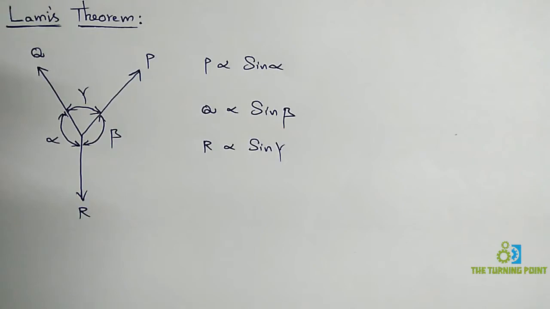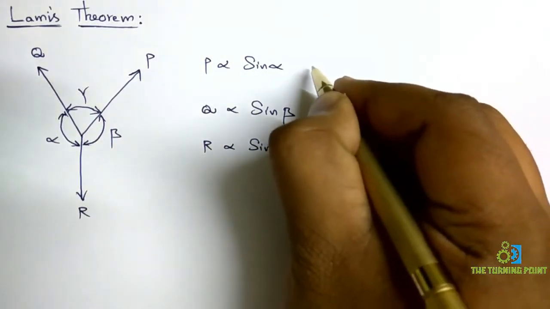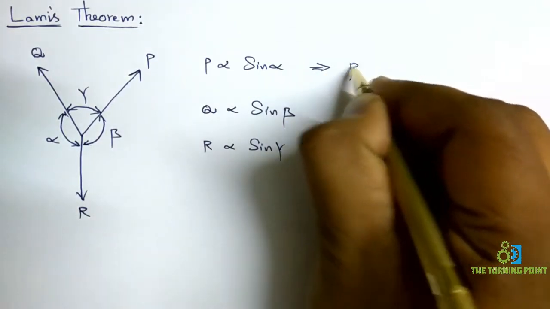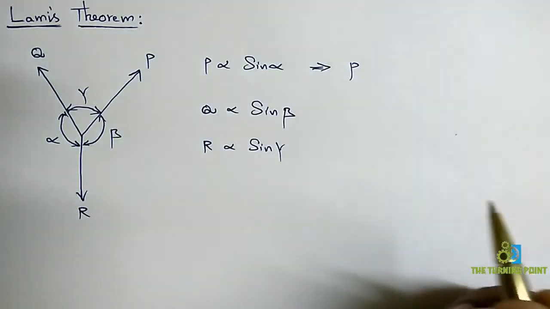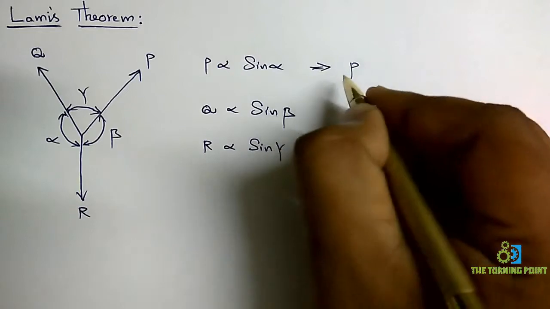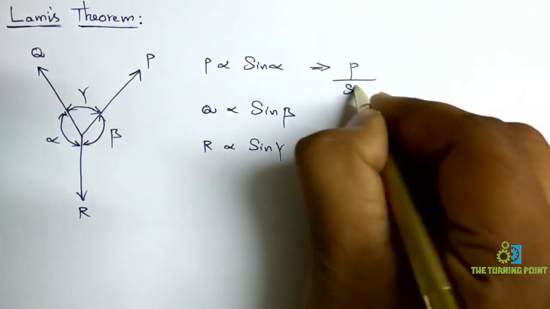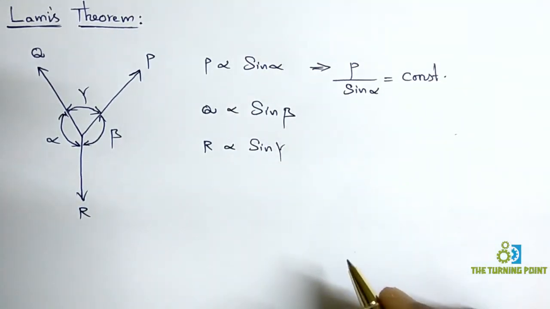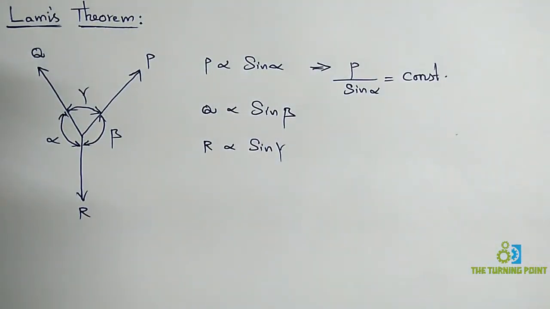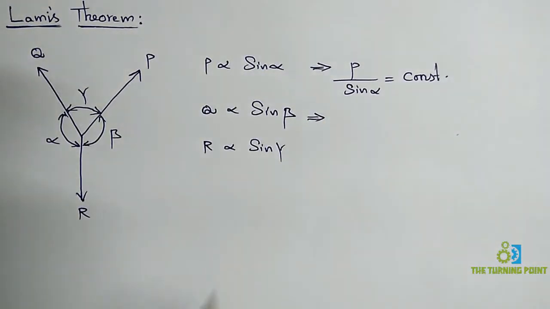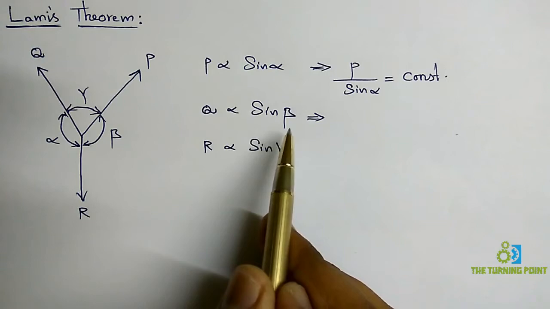I will replace all the proportionalities by a constant. From this, P is equal to a certain constant into sine alpha. So I am making it like this: P by sine alpha is equal to constant. Similarly, Q is equal to a certain constant into sine beta.